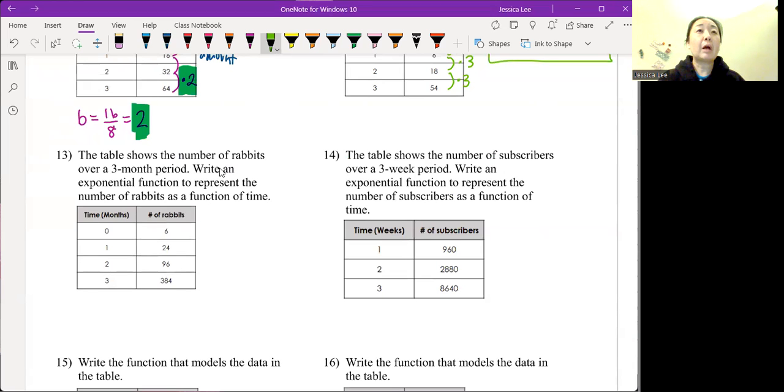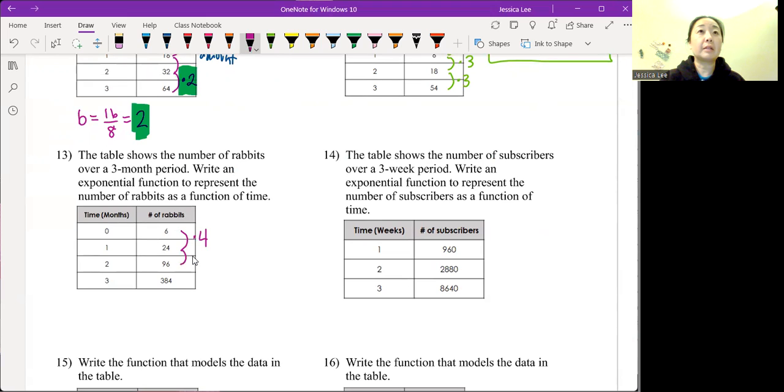Again, we have rabbits, and this is over a 3-month period. We first start out with 6 rabbits, then after the first month it's 24, and by the third month we have 380. That's a lot of rabbits. Again, let's see what we're multiplying by. 6 times what is 24? That's going to be 4.